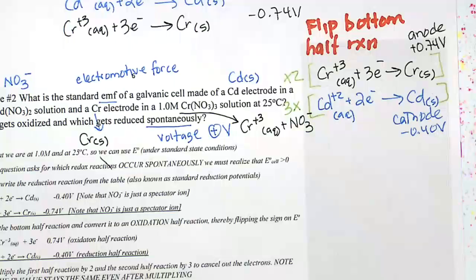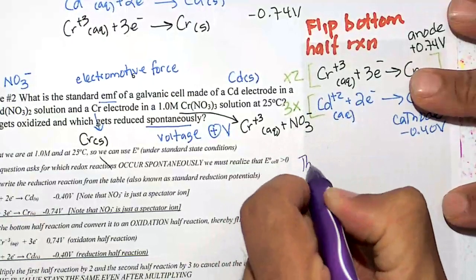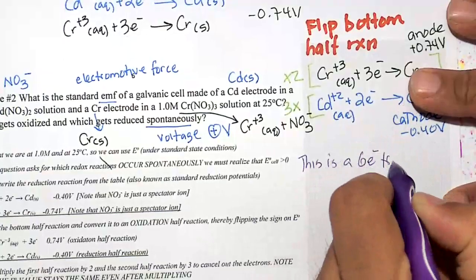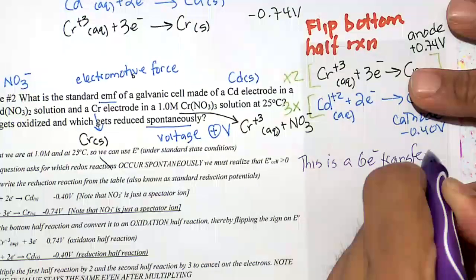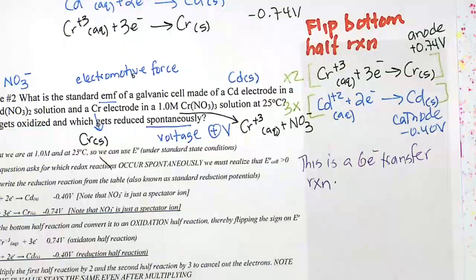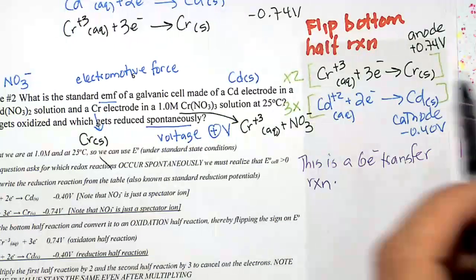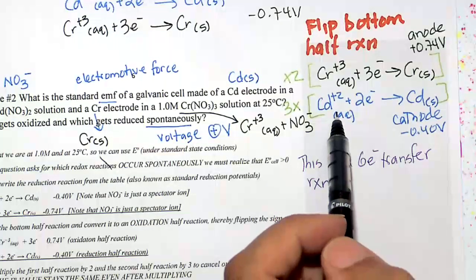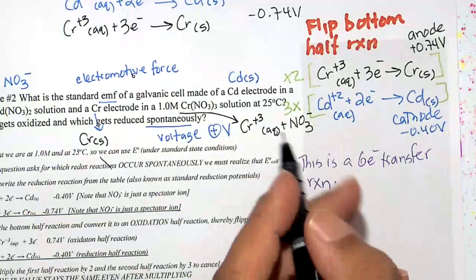Make sure you write this down. 6 electrons are being transferred between chromium and cadmium. Chromium is being oxidized. Cadmium, gaining those electrons, is being reduced.